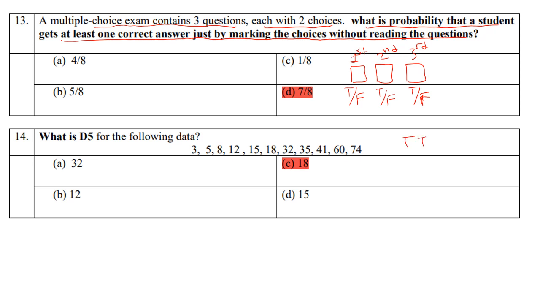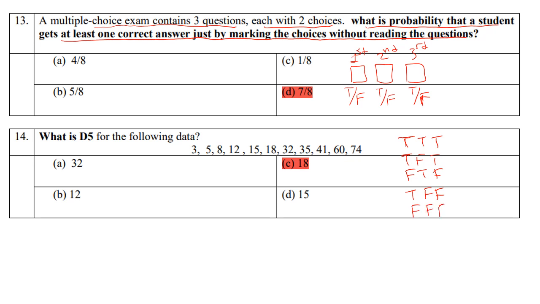Like true, true, true, or true, false, true. It's like head or tail, and we can write all of them here. True, true, true, false, true, and then true, false, false, and then false, false, false.